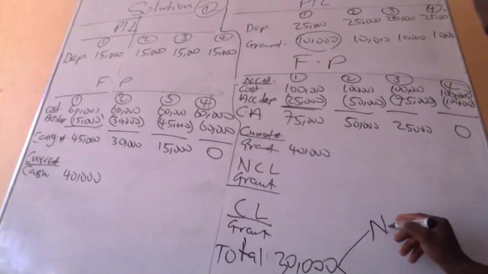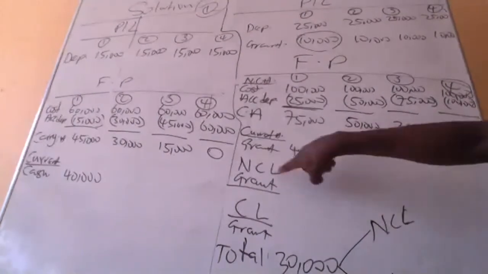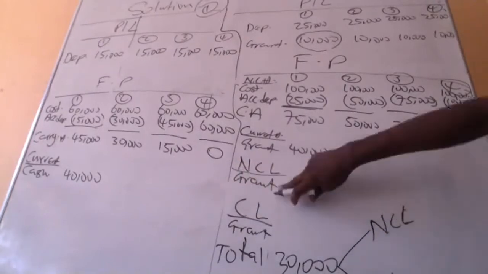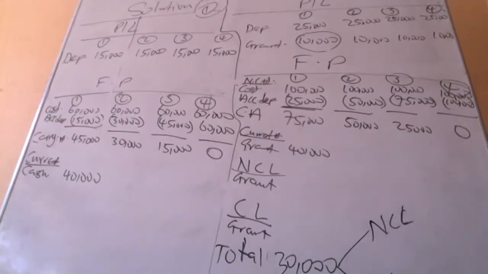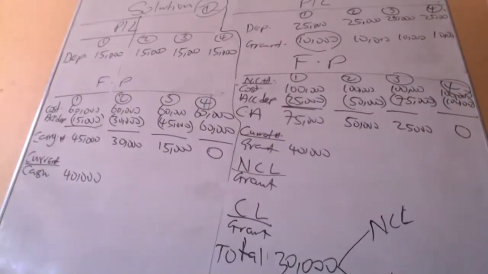A portion will be non-current liability and a portion will be current liability. So that's why I've written non-current.